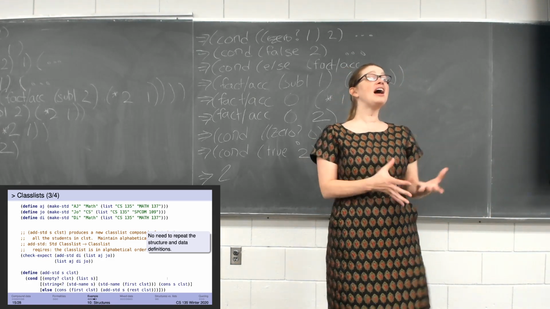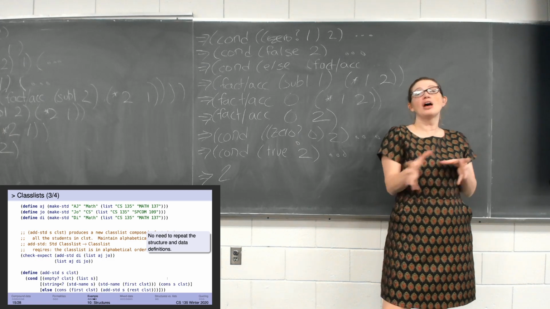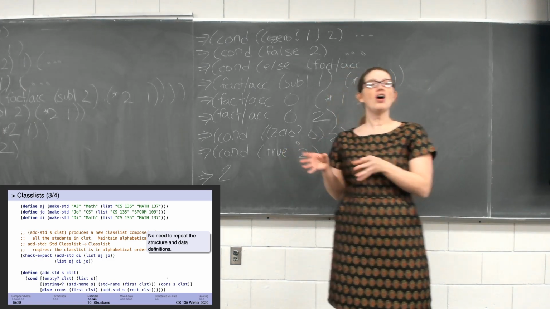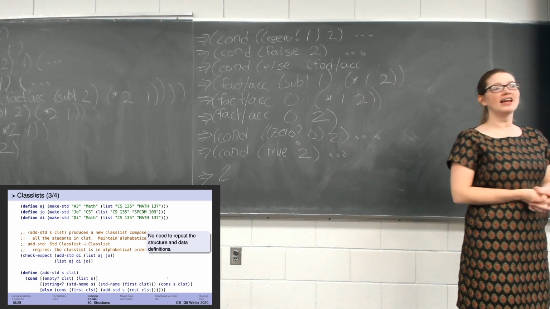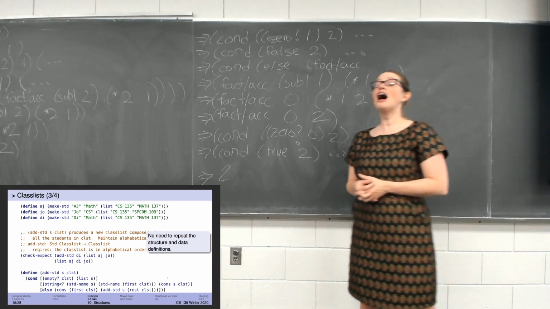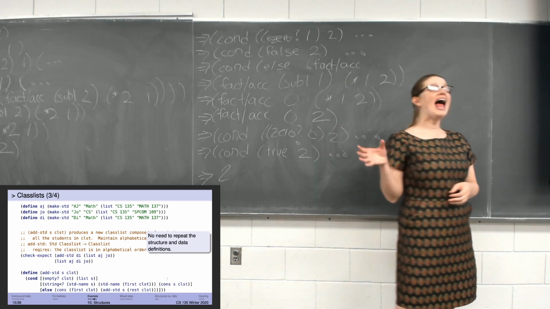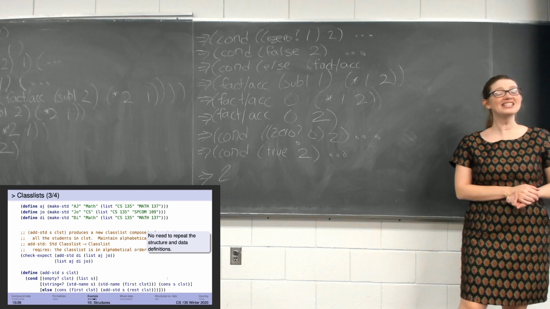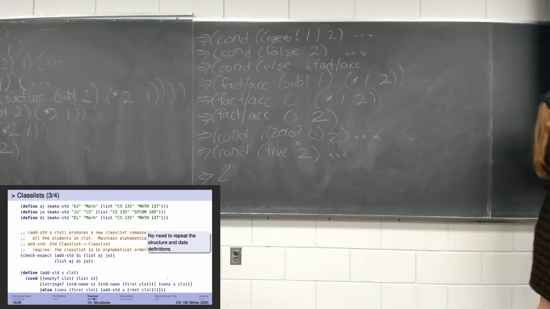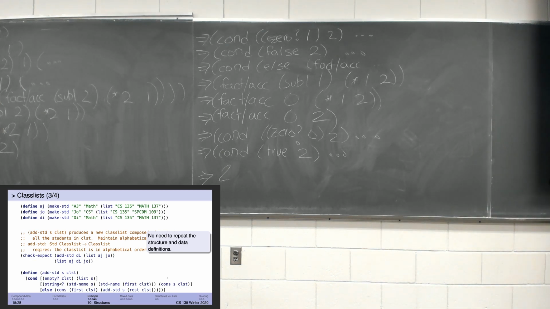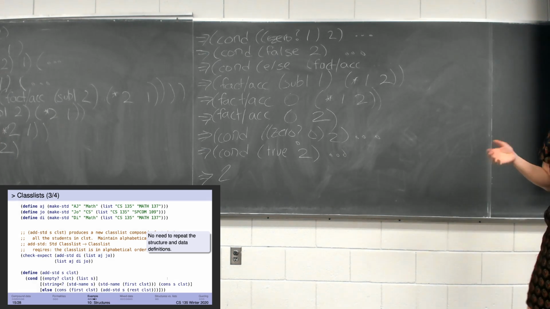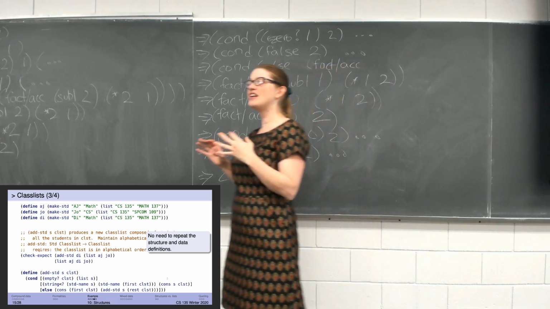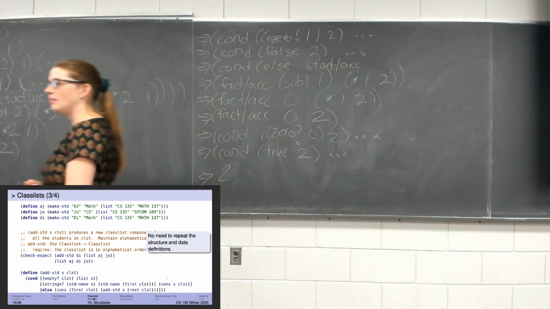If the name of the student I'm adding would come before alphabetically the student at the front of the list, then I cons the student onto the front of the class list. Otherwise, I'm going to try to insert the student into the rest of the list. So it's literally just insert from the previous module, changed to work on strings and structures. Same recursive format, slightly different things that we do with the actual list elements.